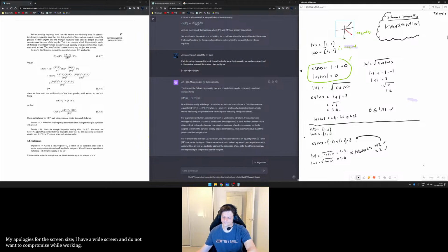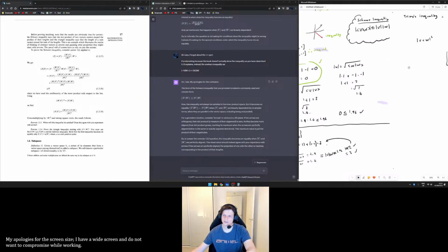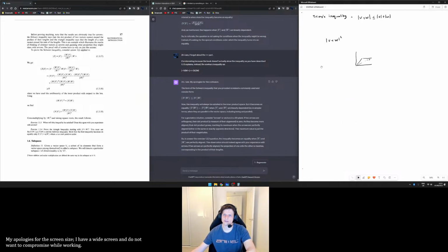So let's go back to our triangle inequality. Because the vectors must be, let's say, 1 and 1, minus 1, then adding them together is going to be 2, 1 plus minus 1 is 0.